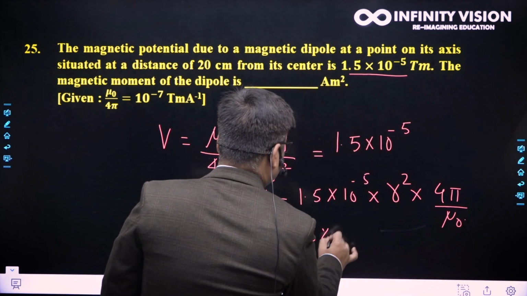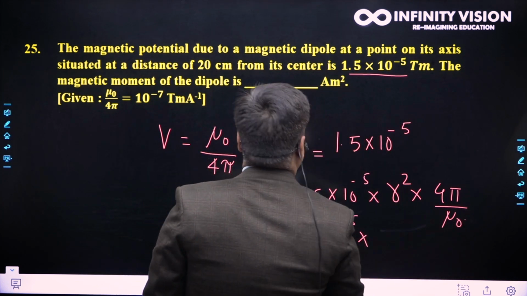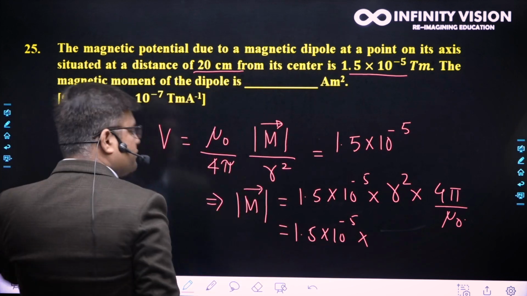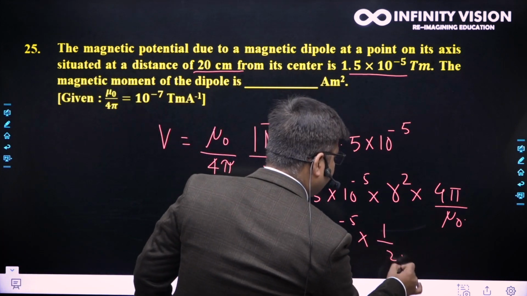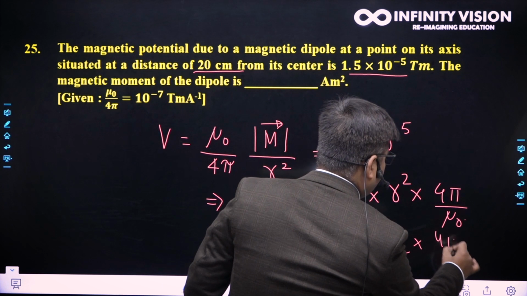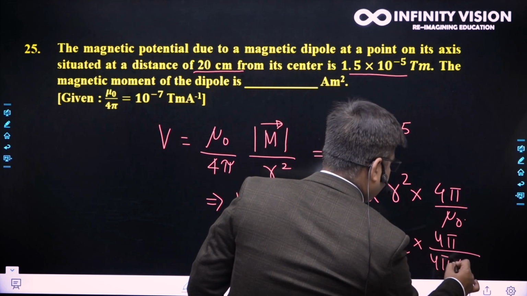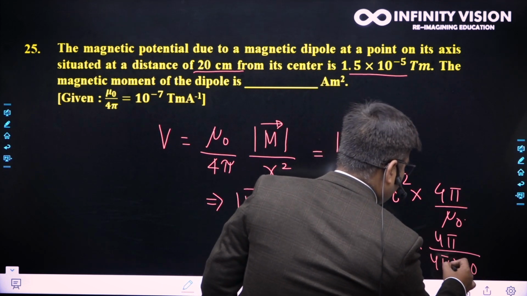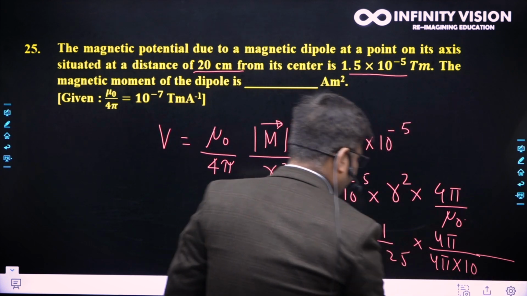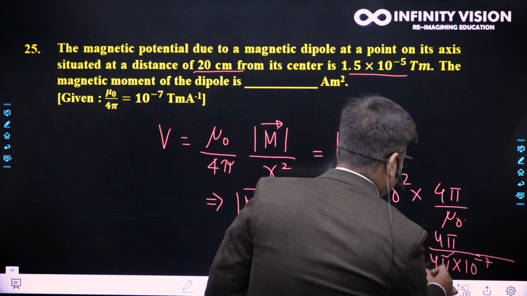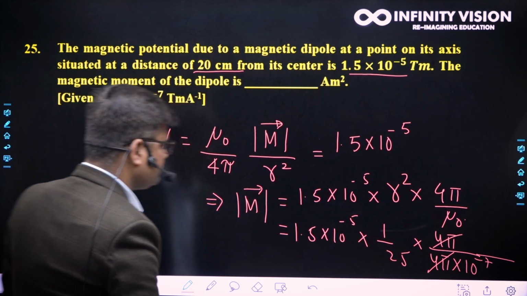Substituting all the values, 10 raised to the power minus 5. Now the distance is 20 centimeter, means 1 by 5 meter, so 1 by 25, and here is 4 pi, and here is mu naught, permittivity of free space, 4 pi into 10 to the power minus 7. This 4 pi will get cancelled out.